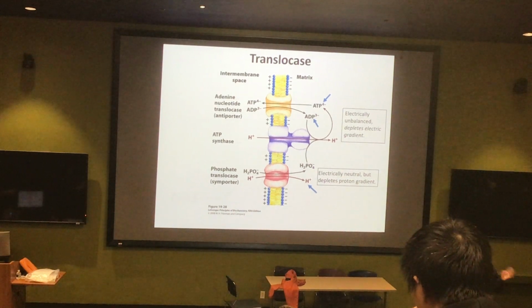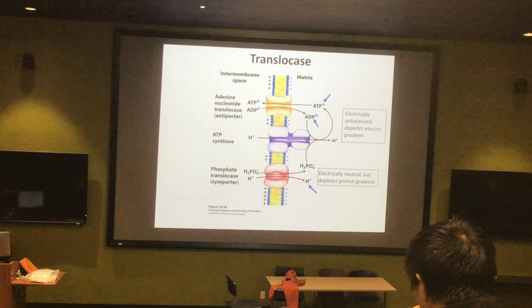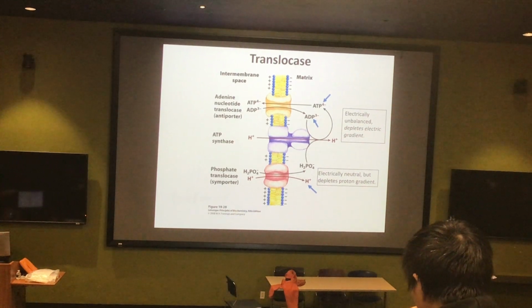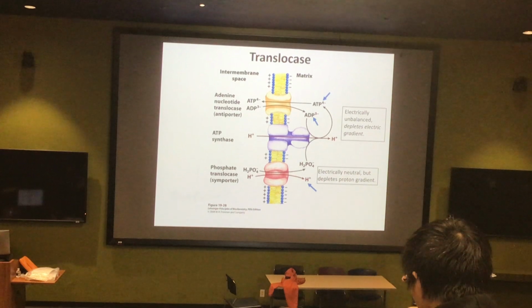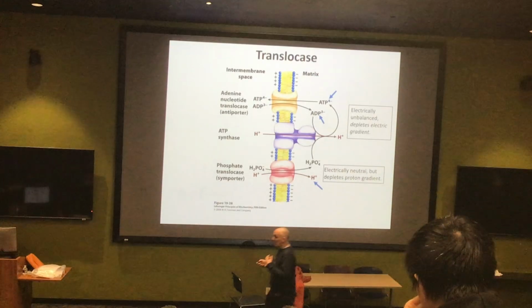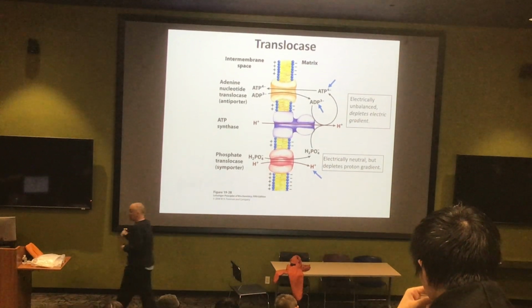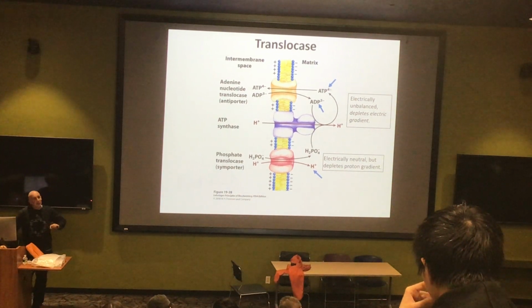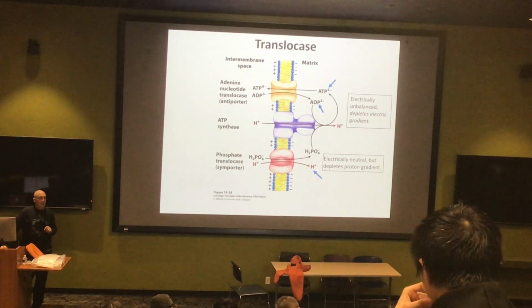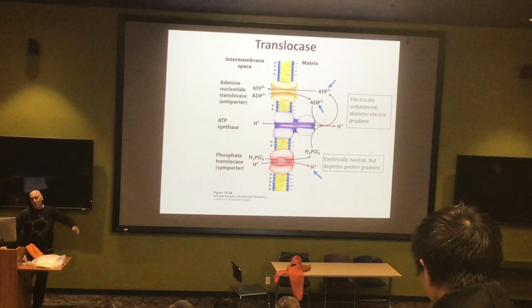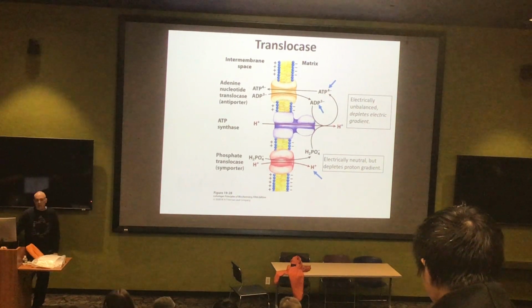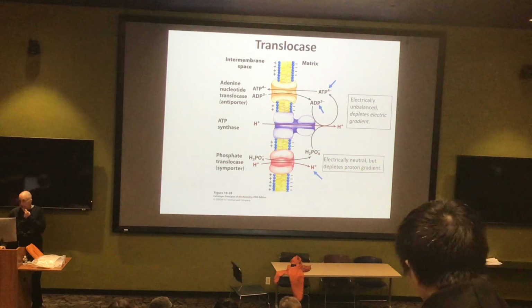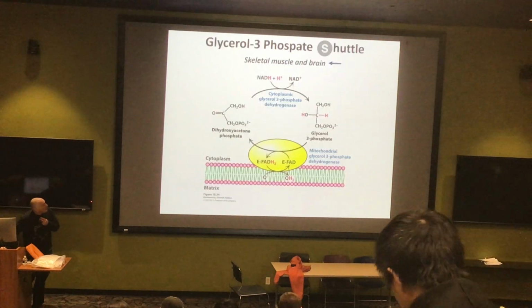Now again, you're not affecting the osmotic state of things, but you're moving more negative charge to this side than you are to this side, so that's also lowering the total amount of energy. You're essentially putting a net minus charge, where you want there to be a positive charge. So some of the energy is actually lost in this actual translocation step, but that's a necessity, right? You can't make ATP if you don't have inorganic phosphate and ADP.